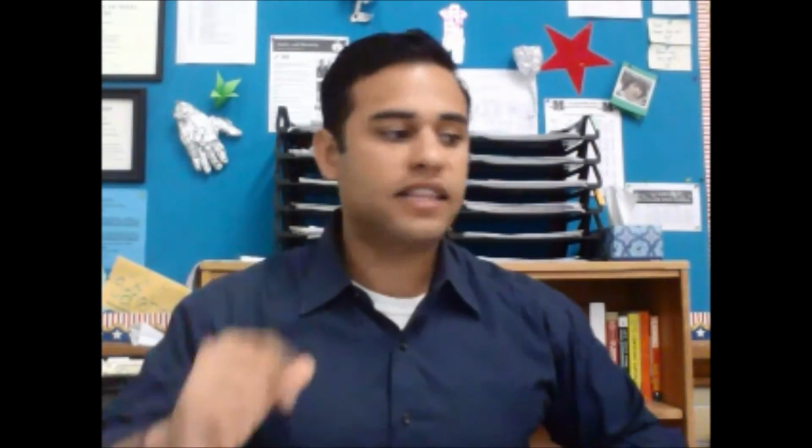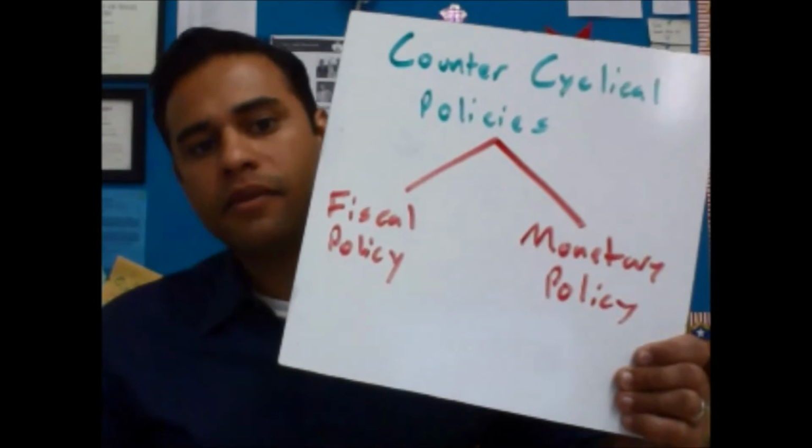Now, second thing I want to introduce to you, and then we'll get to the slides for the day, is that there are two broad types of countercyclical policies. Okay? There are fiscal policies, and there is monetary policy. And I'm going to draw it like this for you so that you can see it.